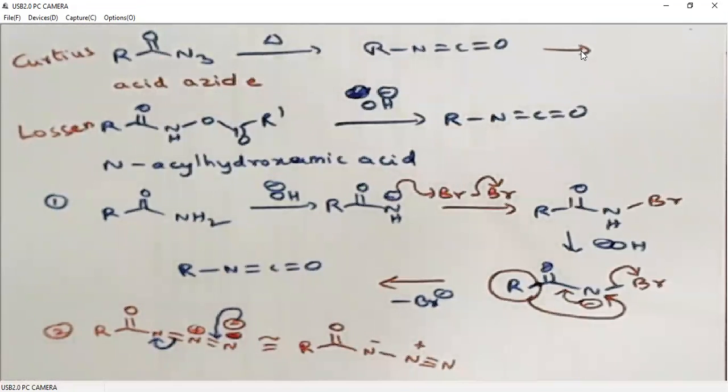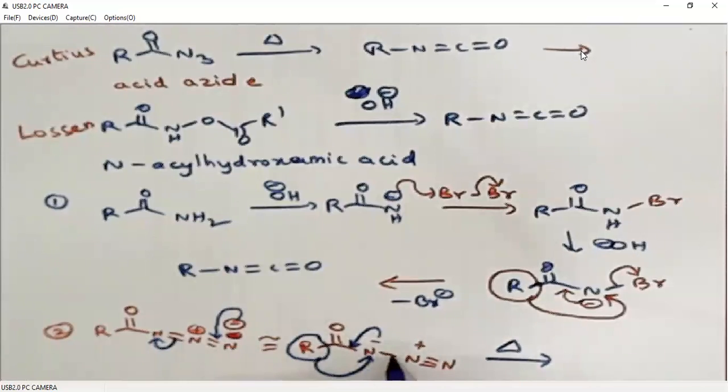So this acid azide, upon thermal treatment, what will happen? Negative charge will be polarized towards carbonyl, then alkyl group will migrate to nitrogen because we have a good leaving group, nitrogen gas. So again, what we are generating is R N double bond C double bond O, isocyanate. This is the mechanism for Curtius.